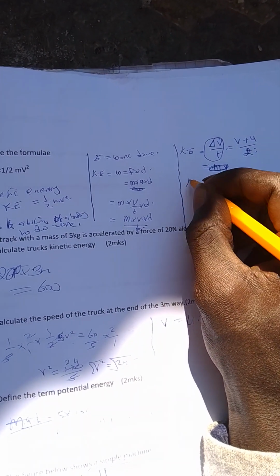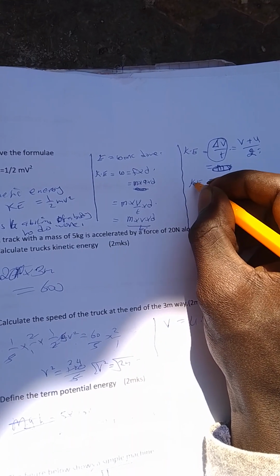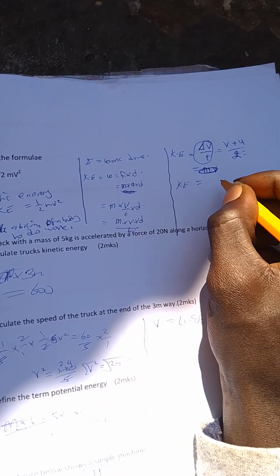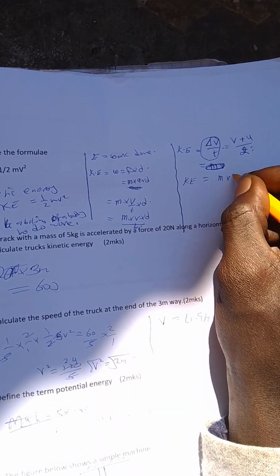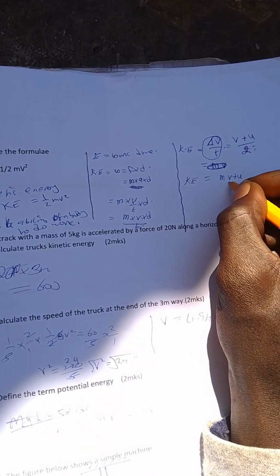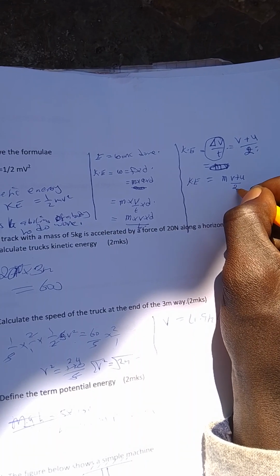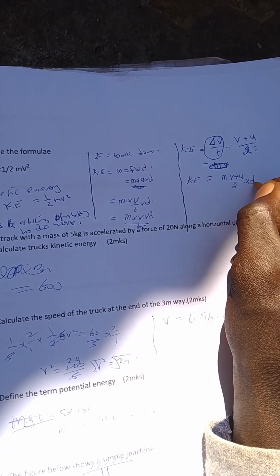That is we get KE, kinetic energy, is equal to m times v plus u over 2 times d.